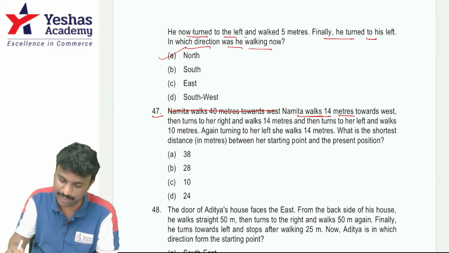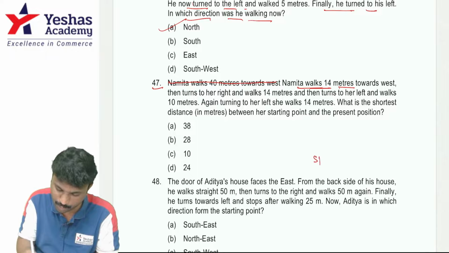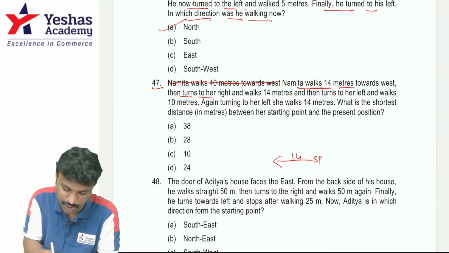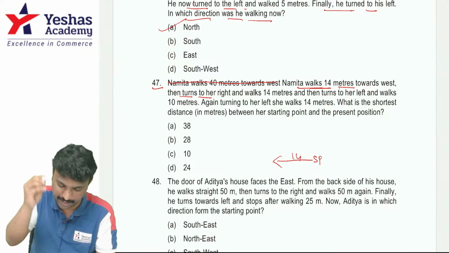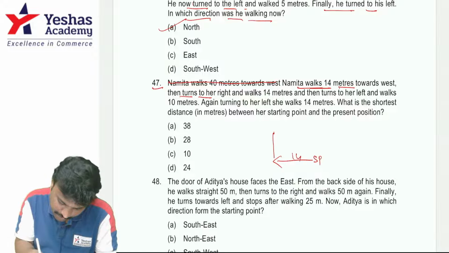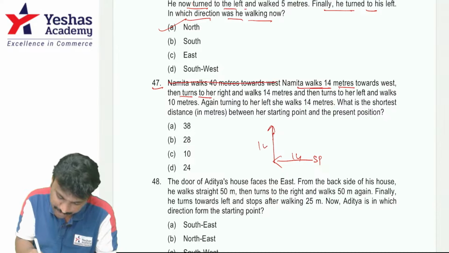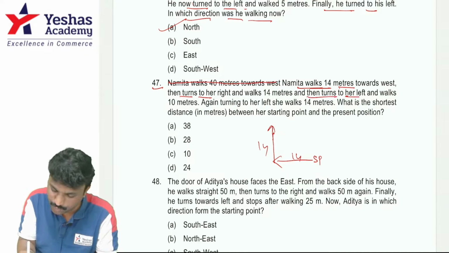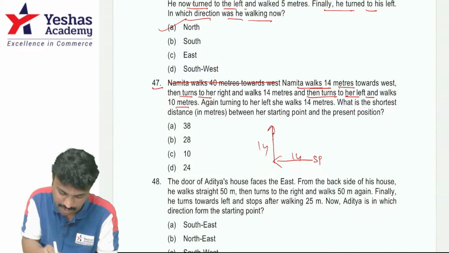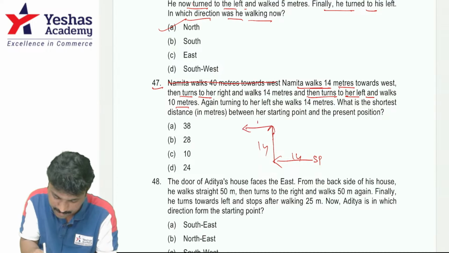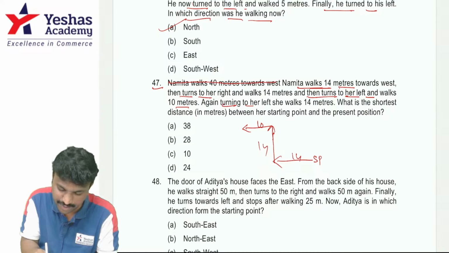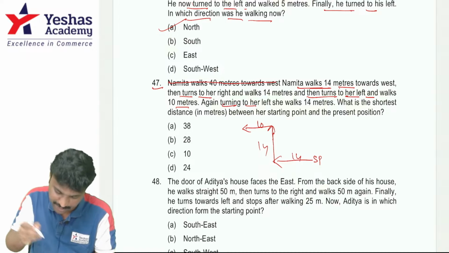Namita walks 14 meters towards west from the starting point. Then she turned to her right. Going towards west, right is upwards. How many meters she went? 14 meters again. And then she turns to her left. Left is our left only. Walks how many meters? 10 meters. Again turning to her left. Left is which side? Downwards.